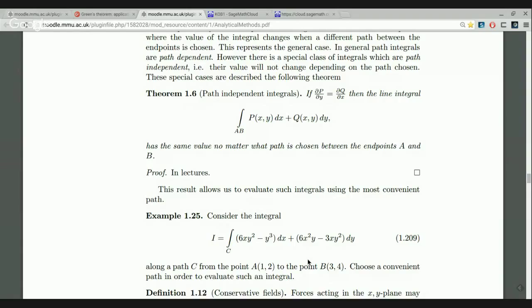Okay, so when the P and Q have this special behavior, and you want to integrate them from some start point to some end point, it doesn't matter along which curve you go. The answer is always going to be the same.